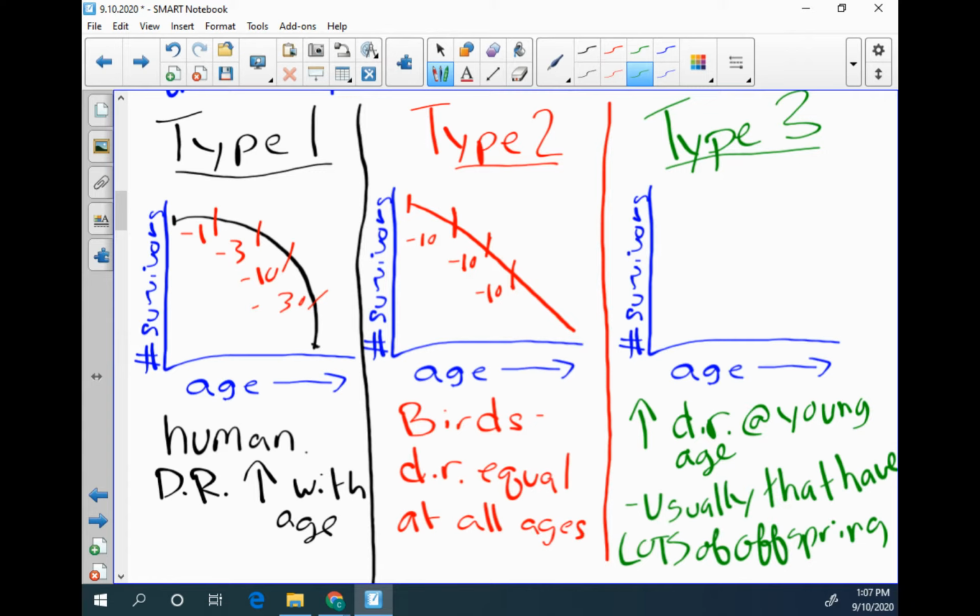Like toads. Meaning one mama toad could have like thousands of eggs, right? But of those thousands of eggs, only a couple of them mature to be like actual frogs. So it looks kind of like that. Meaning a bunch of them die at a really, really young age, and only a few of them live into old age.